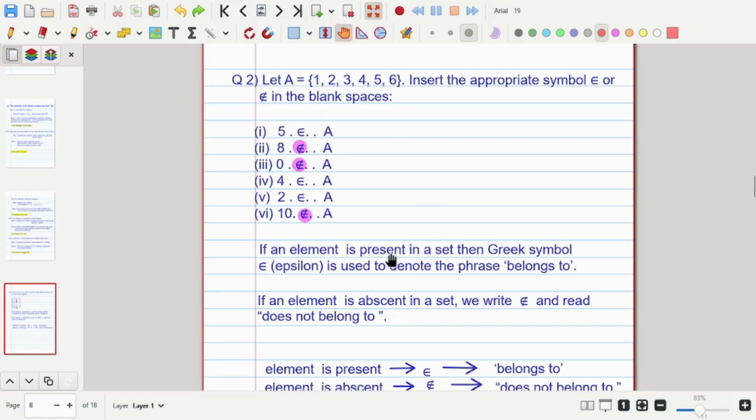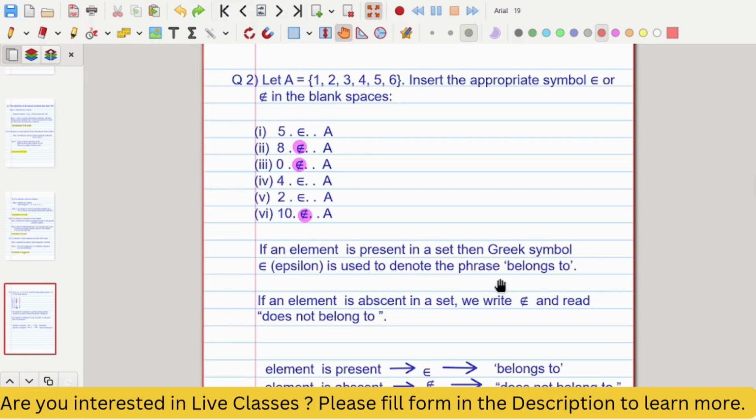If the element is present in the set, then the Greek symbol epsilon is used to denote the phrase belongs to. 1, 2, 3, 4, 5 and 6 are called the elements of the set A, or the members of the set A, or the objects of the set A.